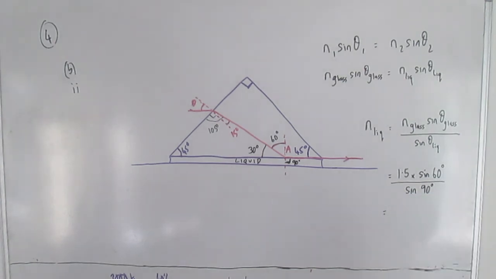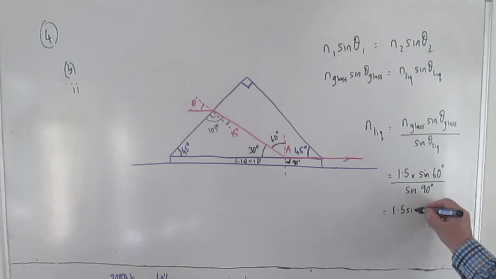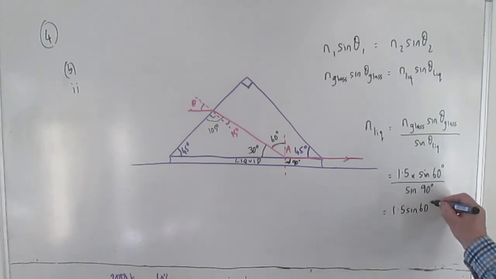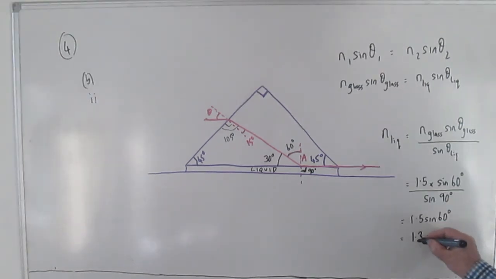But of course the sine of 90 degrees is just 1, so that's equal to 1.5 sine 60 degrees. That comes to 1.3.